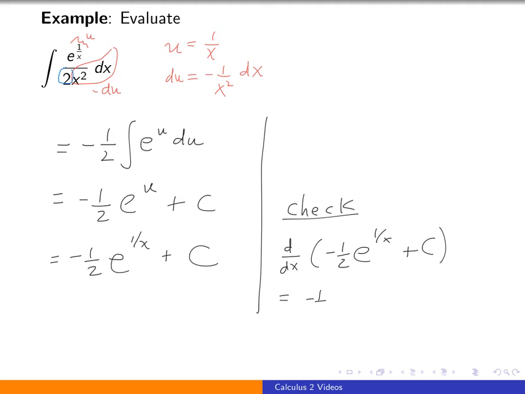Well, by the chain rule, we have the derivative of the outside evaluated at the inside multiplied by the derivative of the inside, and the derivative of a constant is 0. So minus a minus cancels, and what we are left with is e to the 1 over x divided by 2x squared, which is exactly the integrand that we started with. So our work is correct.